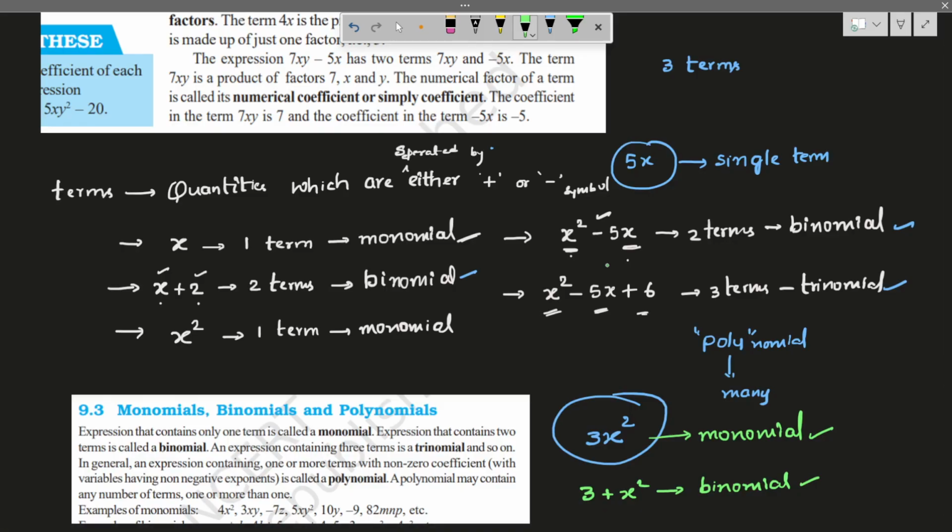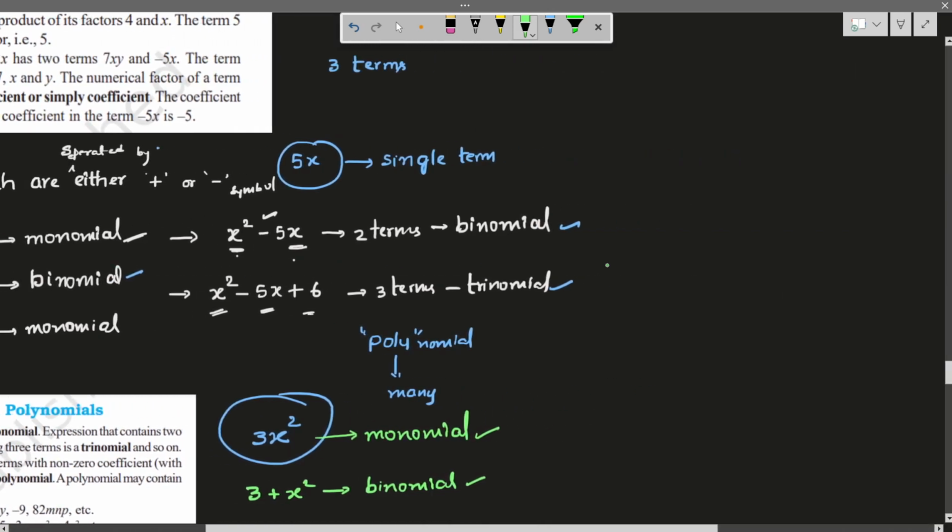And also in this topic, we will discuss what is coefficient. Now, coefficient is nothing but the number which is placed in front of a variable. I'll write here.